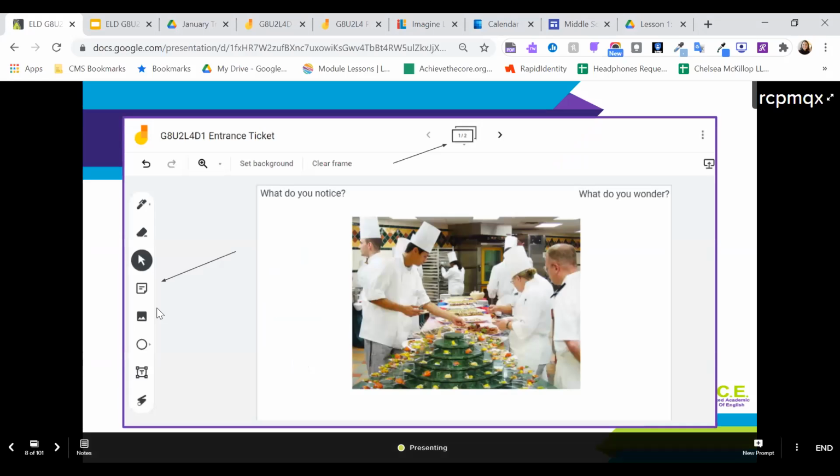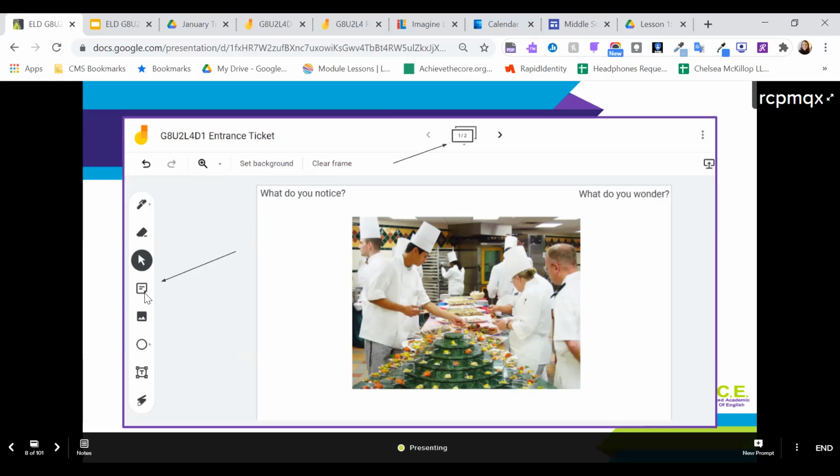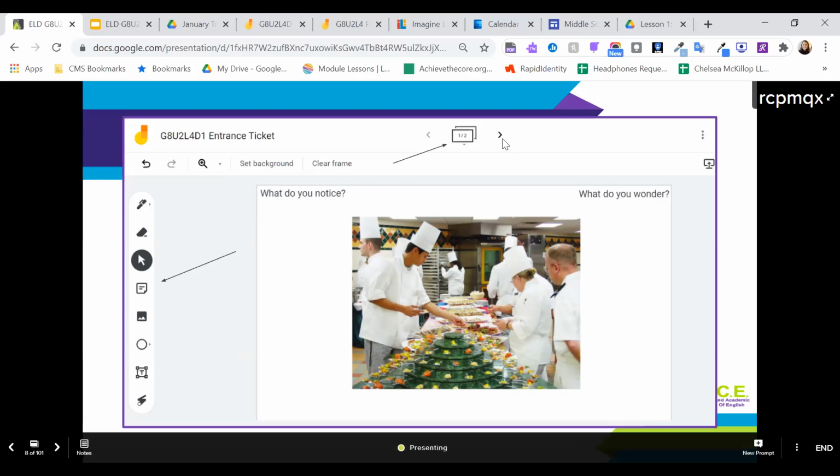You're still looking at Jamboard, not our Pear Deck, I'm sorry. This is what Jamboard looks like if this is new to you. You're going to click that little sticky note button that you see that arrow pointing to. That's how you add a sticky note. Write at least one thing you notice and one thing you wonder for each picture. To get to the second picture, you hit the arrow up at the top of the screen.